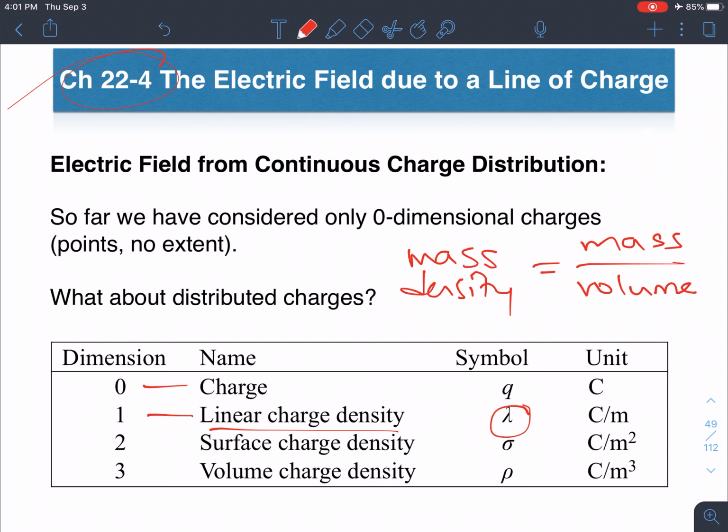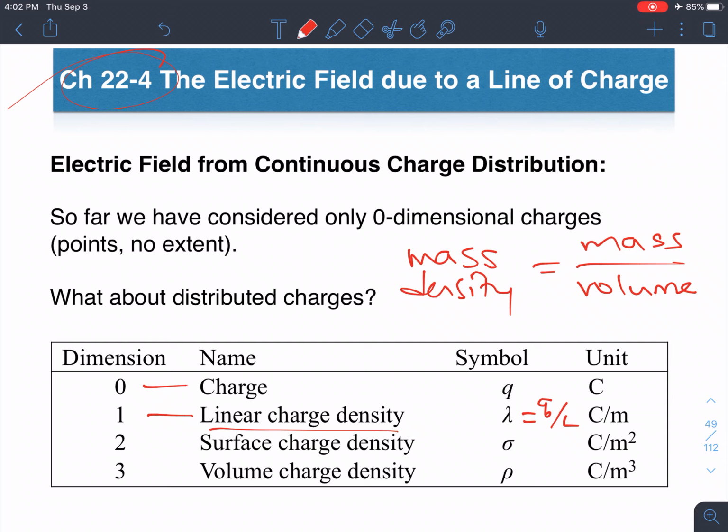If you have a line charge or linear charge density, that means it's not going to take up the volume, it's going to take up a line. It's one dimension. So you need to divide not by the volume, which is meters cubed, but simply by meters. The symbol for linear charge density is lambda, so we are introducing more Greek letters. There are a lot more coming in this class. And lambda, as you can see from the unit, is coulombs per meter, so lambda is going to be Q over L.